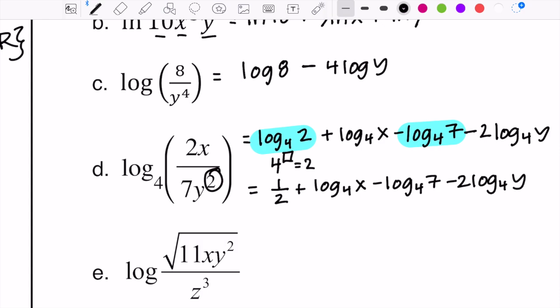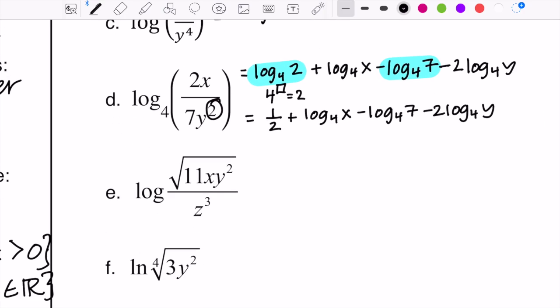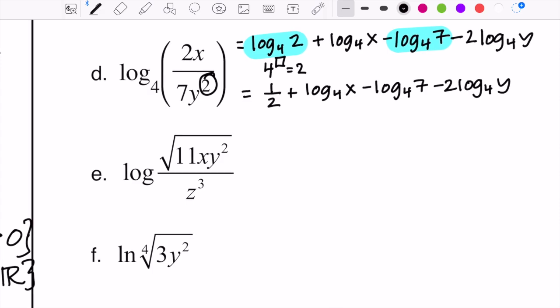Okay, moving on to the next one. Again, write small on these because you're going to want 2 lines. The square root, anything under a square root, this is a square root and it's to the first power.